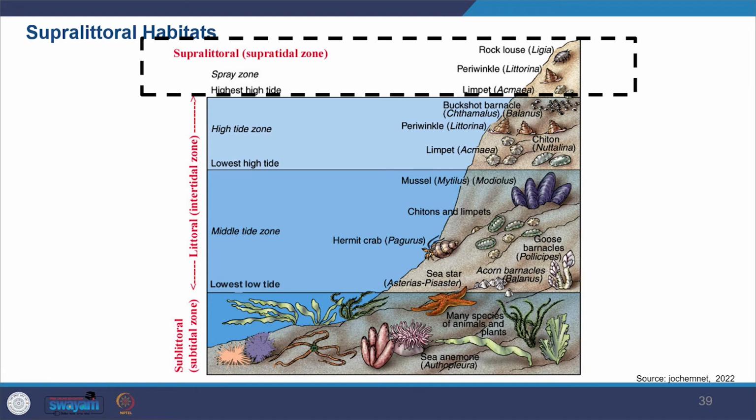It's the level above the limit of the extreme high water spring tides, and this supralittoral zone supports a lot of terrestrial vegetation, mostly near littoral locations which are affected by wave splash and spray. You would see salt-tolerant plant species, and they would often dominate the vegetation community. Because the waves are coming and spraying that area, you would find salt-tolerant plants near those areas.